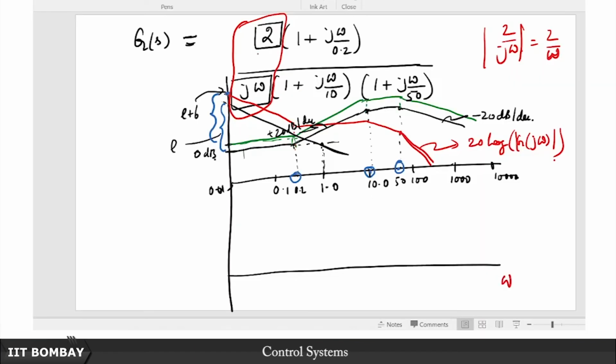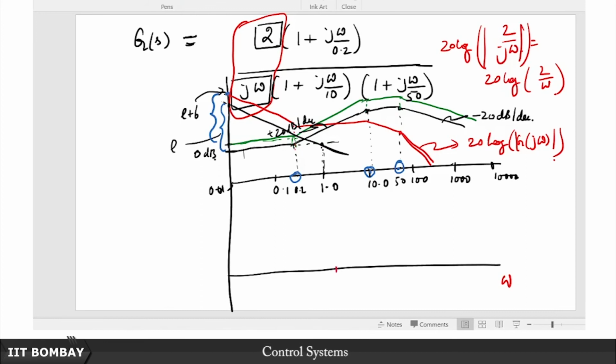You merge the constant term with the integrator together, and then you look up what this is. You take the 20 log of this, which is 20 log of 2 upon ω. So at ω equal to 1, this is 20 log of 2, which is 6 dB.